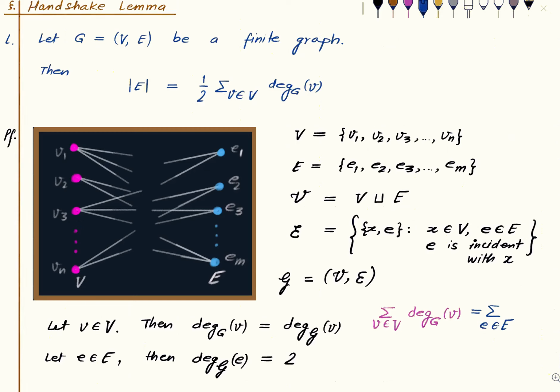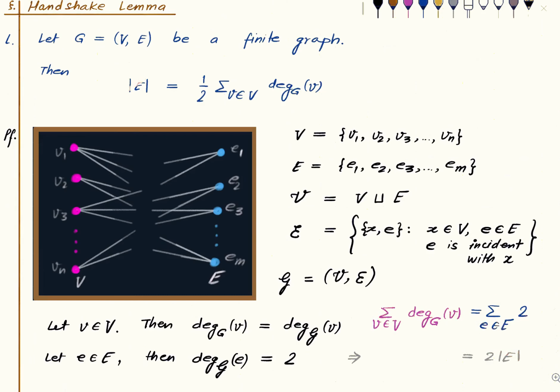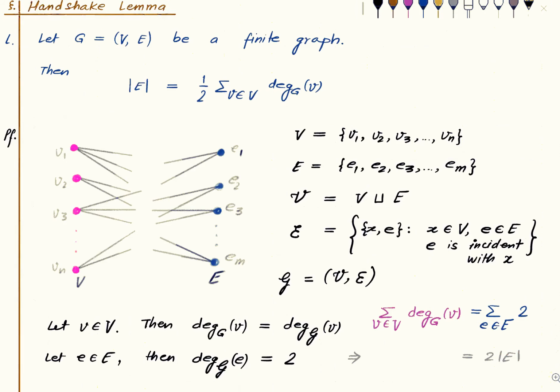It is 2, as we argued. So this immediately leads to your desired conclusion. So what is the right hand side? This is equal to twice the cardinality of E. And if you just divide by 2 on both sides, you get that result. So that is called the handshake lemma. It has a name, and we see why this is called the handshake lemma, because of the puzzle we introduced.